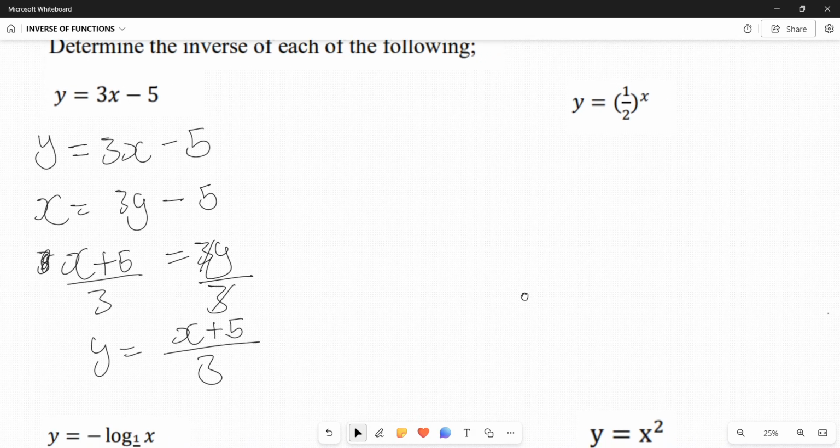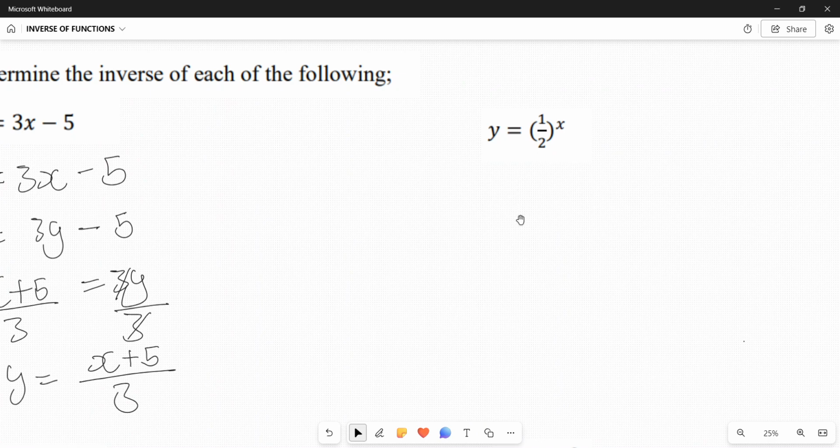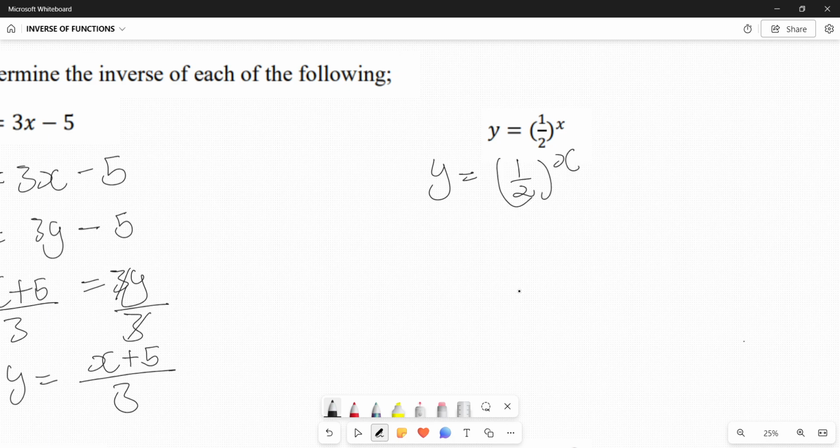So now moving on to the second one, we have the exponential function y equals half to the power of x. So now again we write our equation, half to the power of x. Then after you swap your x and y, this will become x equals half to the power of y. So now you have to solve for y, which is our exponent in our equation.